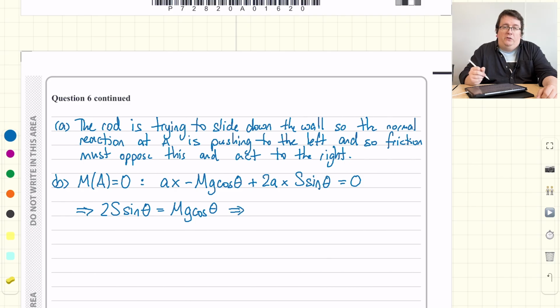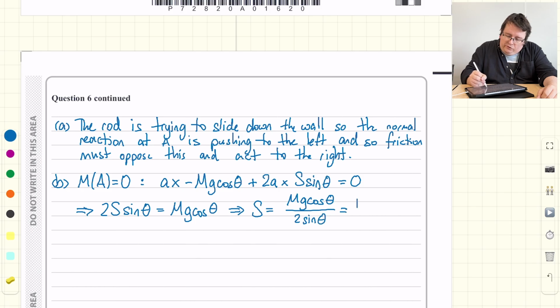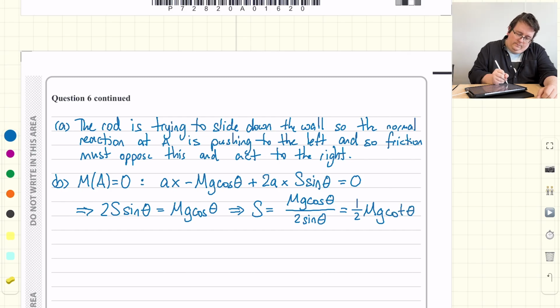Then I could divide both sides by 2 sine theta, and I'll get s is mg cosine theta over 2 sine theta. And so you've got 1/2 mg cosine theta over sine theta, which is cot theta, as required.